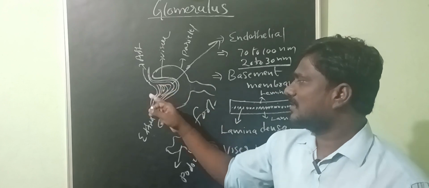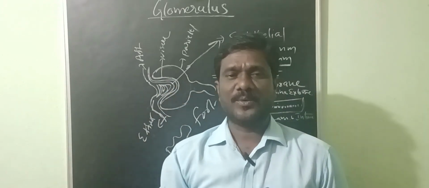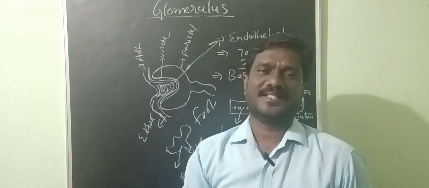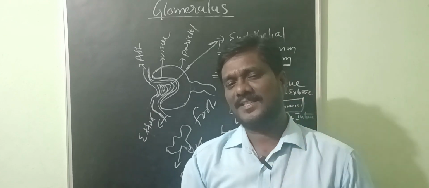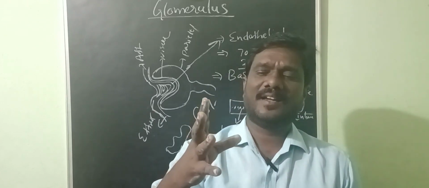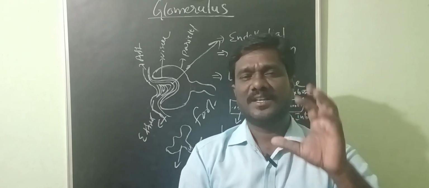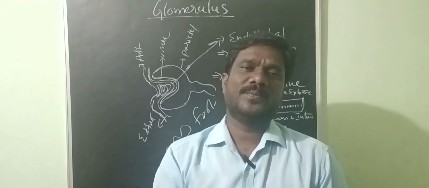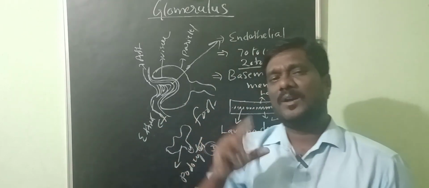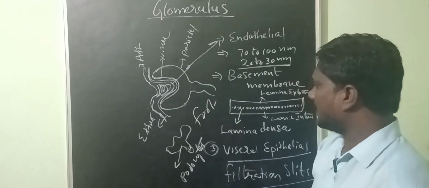These blood capillaries are supported by the mesangial cells, the mesoglia. These mesoglial cells have one characteristic: they are contractile cells. Because of that contractile characteristic, they also help in blood filtration.